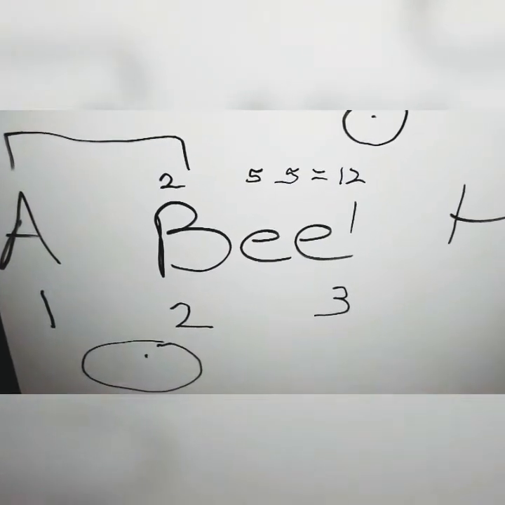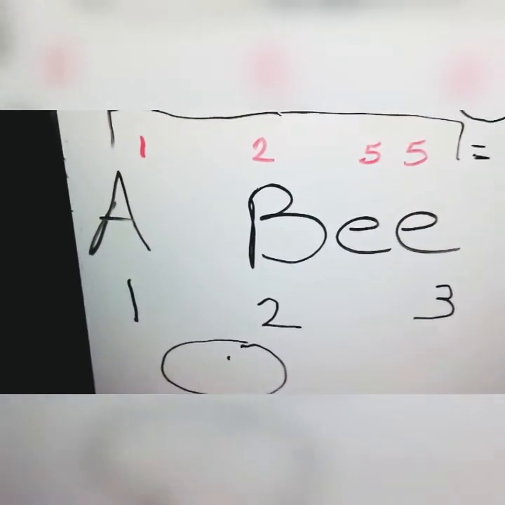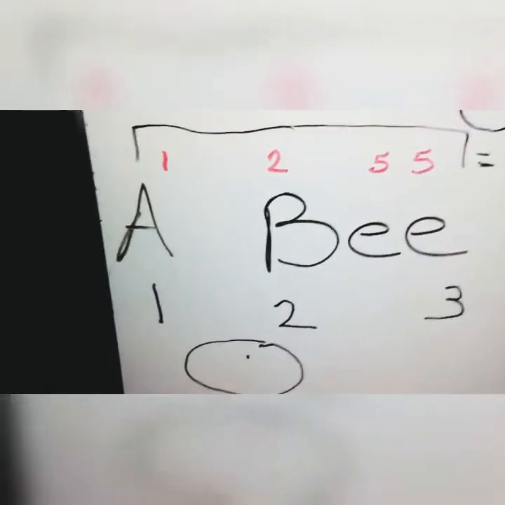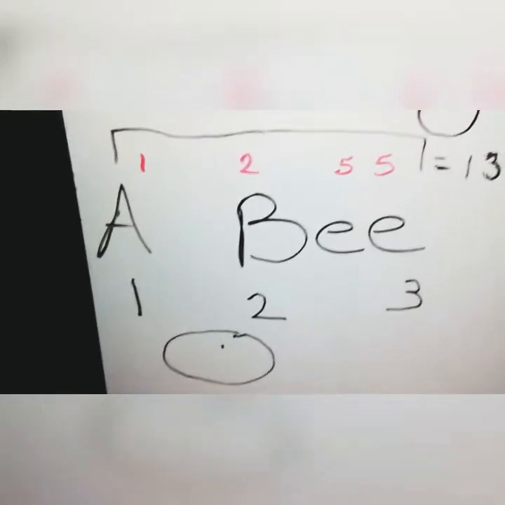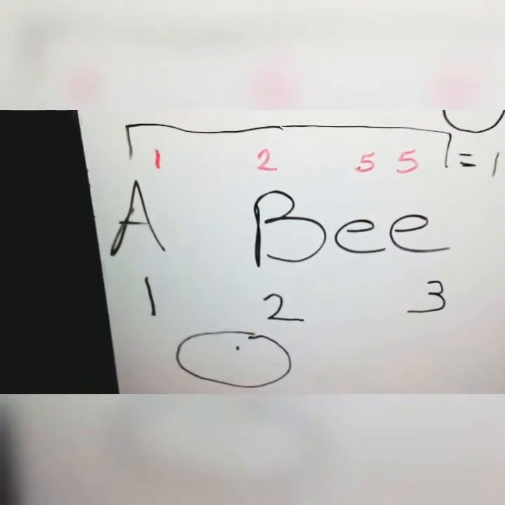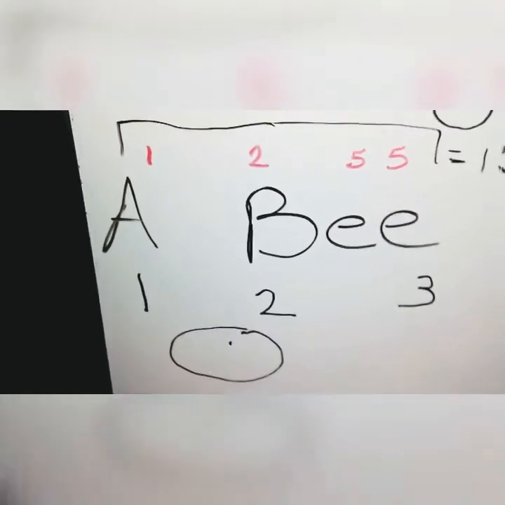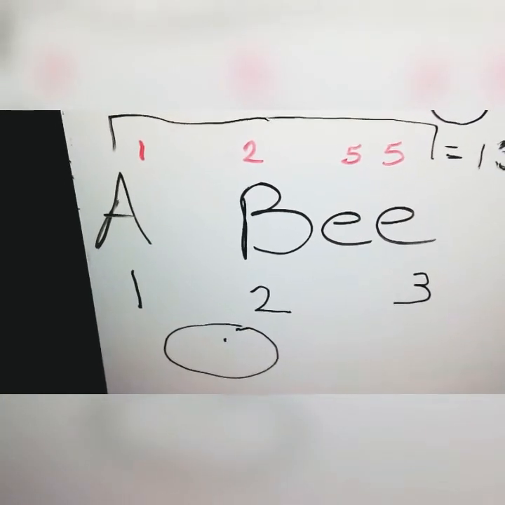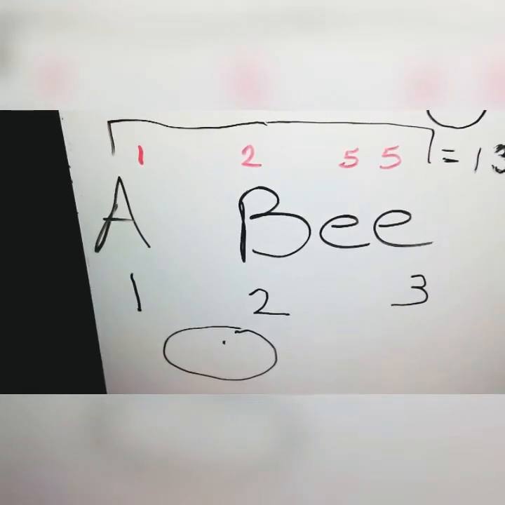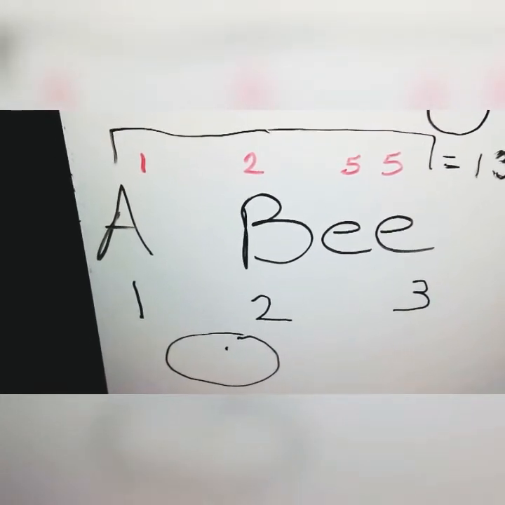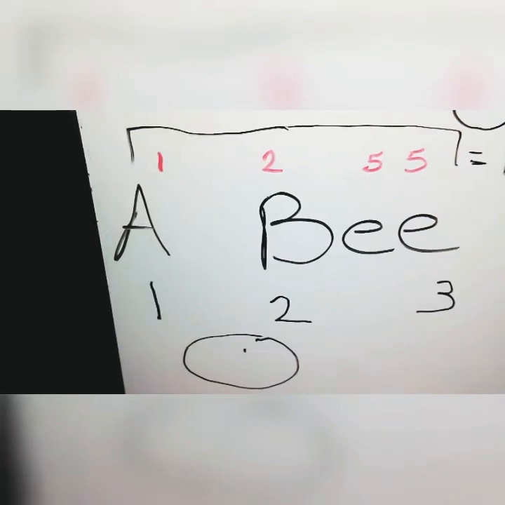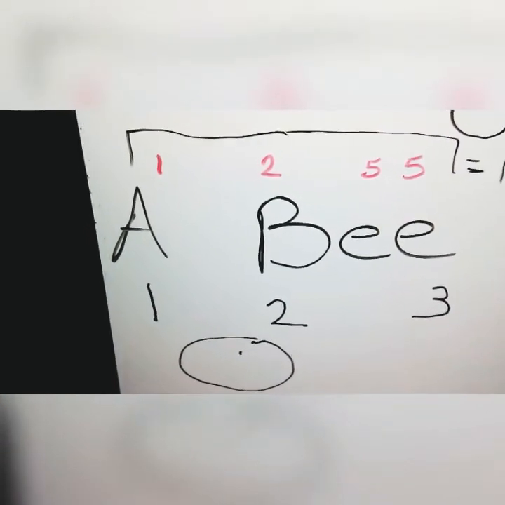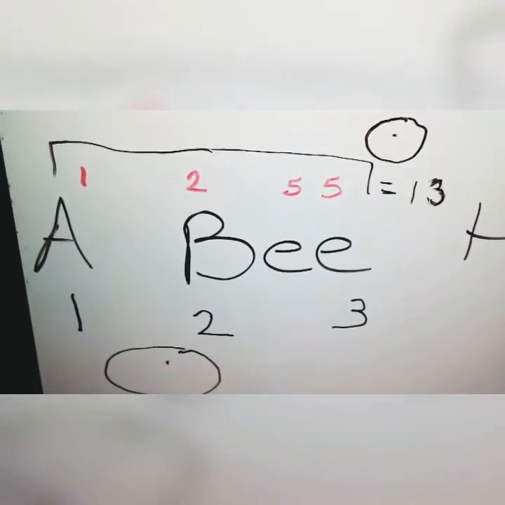Let me get this board in order for you to see. Alright, so now you can see that the word BEE: B is 2, E is 5, the other E is 5. So 5 plus 5 is 10 plus 2 plus 1 equals 13.